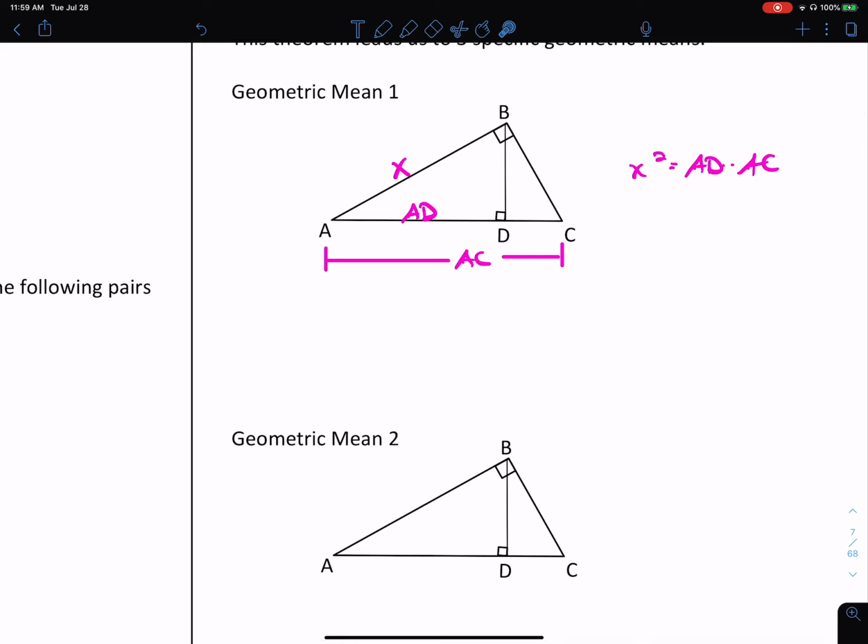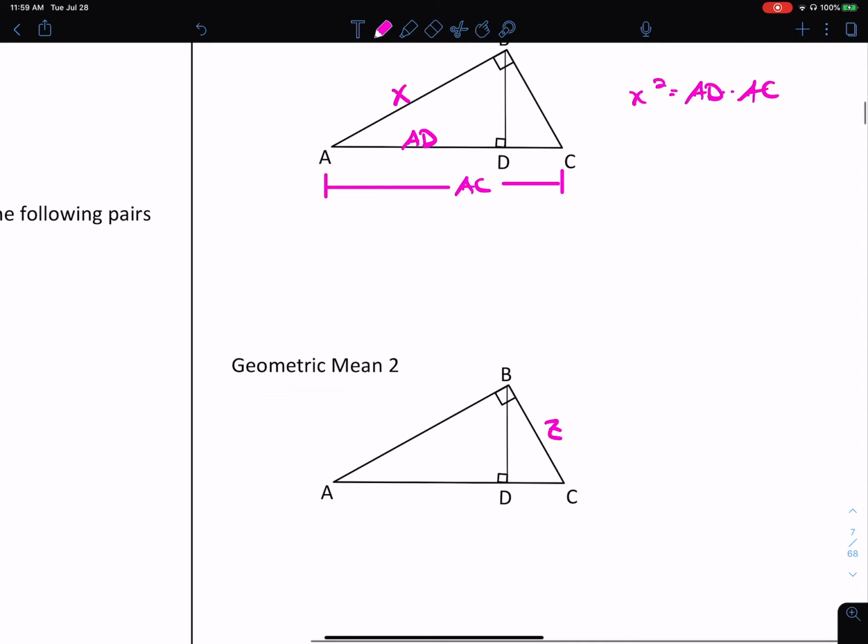Let me say that Z is the geometric mean of the following: the partial hypotenuse of the big triangle times the entire hypotenuse of the big triangle. So z squared is equal to DC times AC.